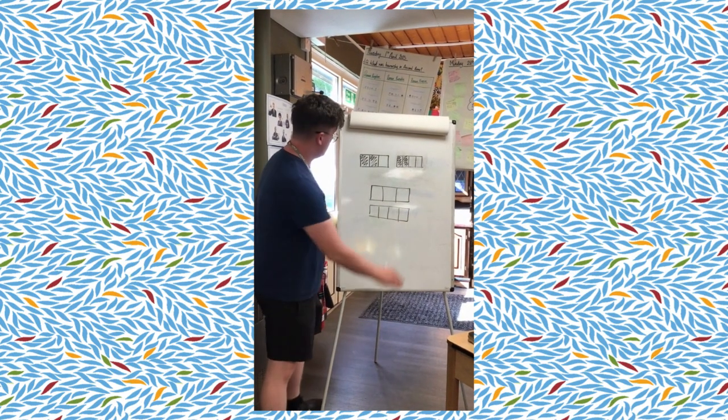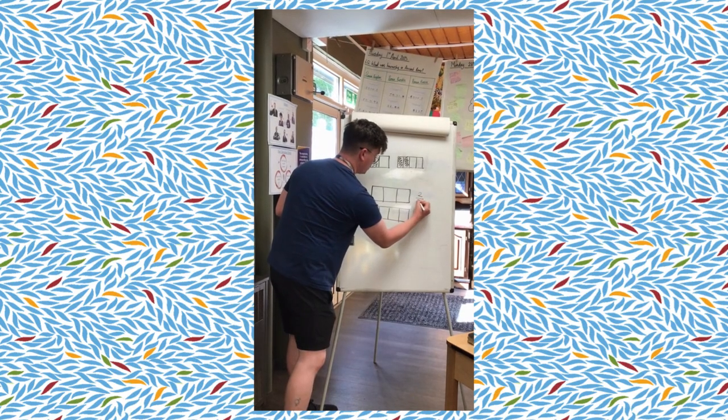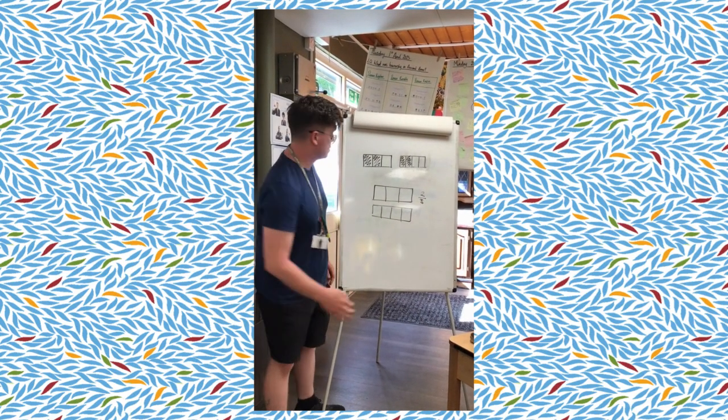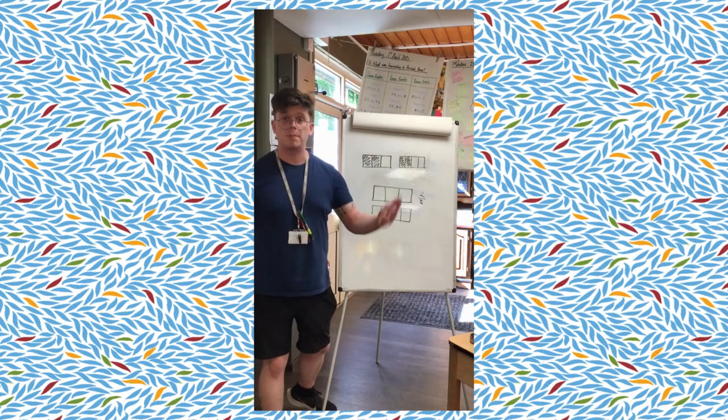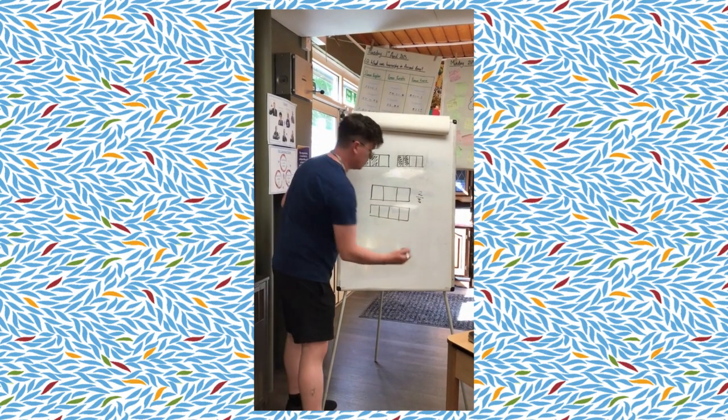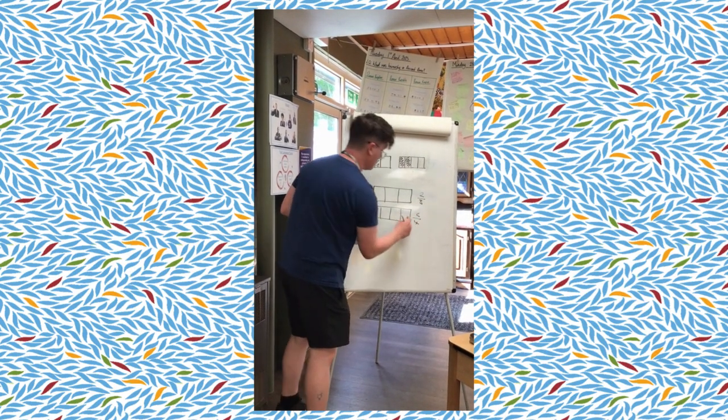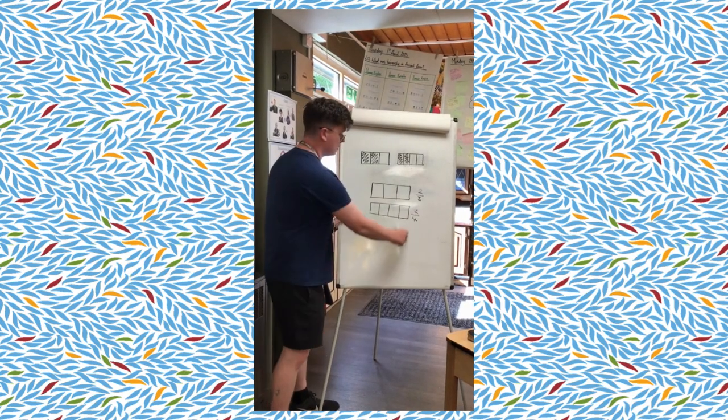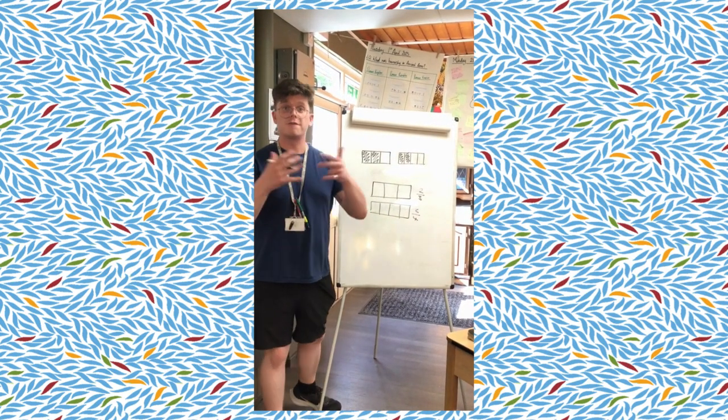The top bar I've split into 3 equal pieces as our denominator is 3. We have 3 parts in the whole. Our bottom bar I've split into 4 equal pieces as our denominator is 4 and there are 4 equal parts in the whole.